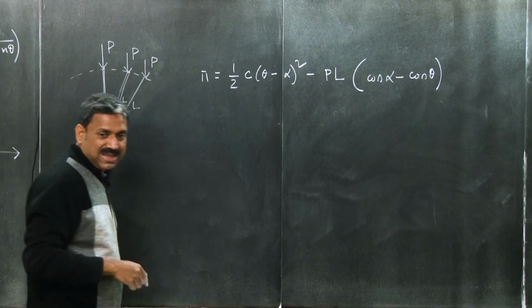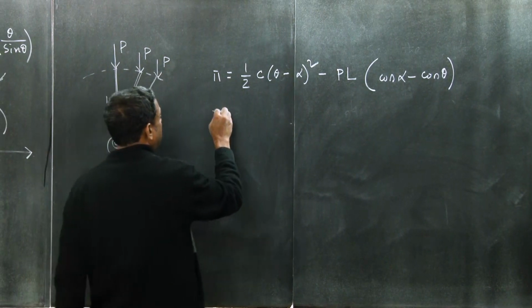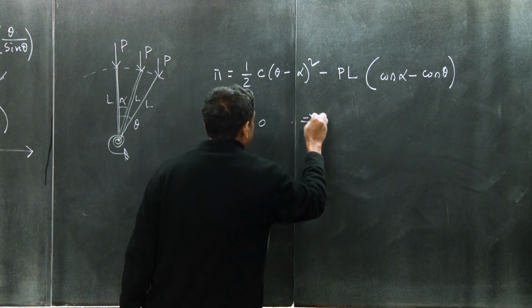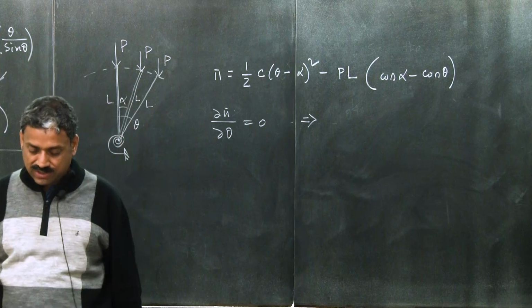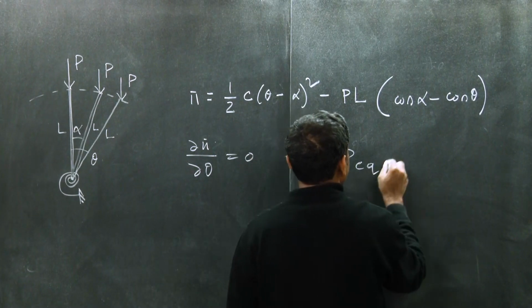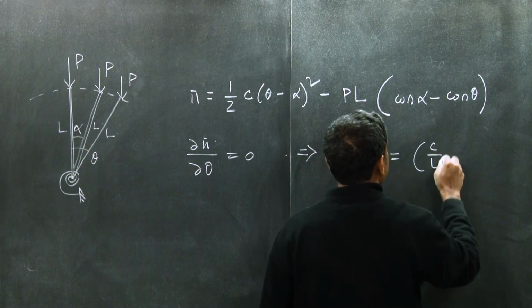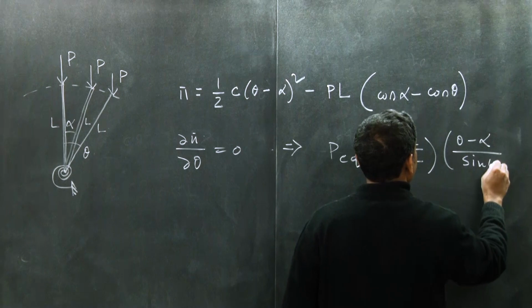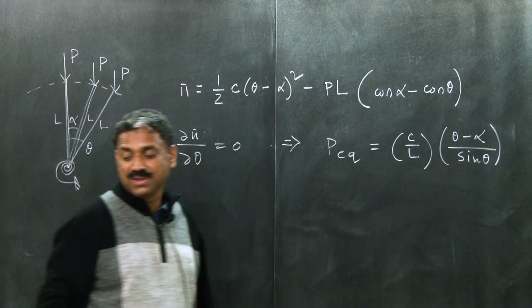Once again you do all these calculations: equilibrium path, del pi del theta equal to 0. I am not doing it, but I am writing down the expression. The equilibrium path will be P equals C by L times theta minus alpha, divided by sin theta. Alpha is the imperfection.